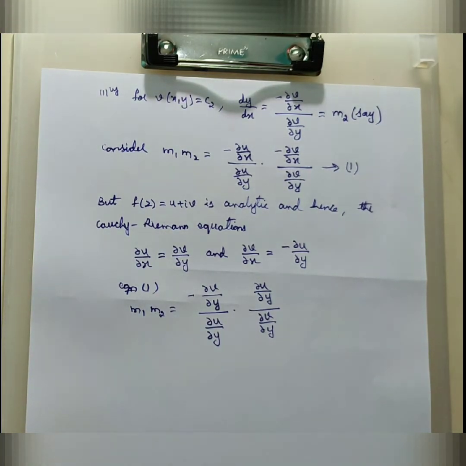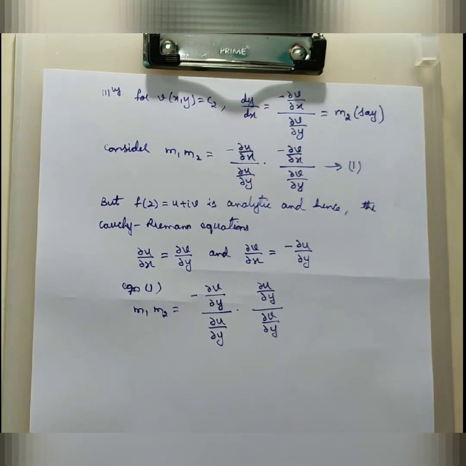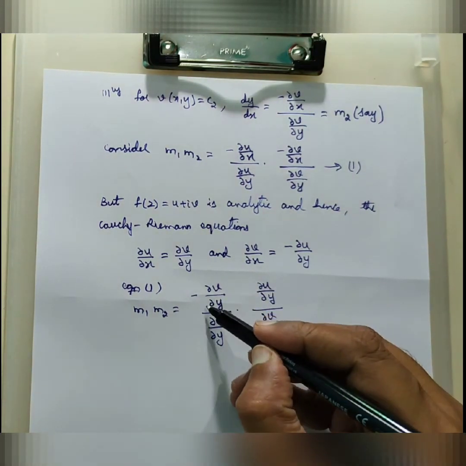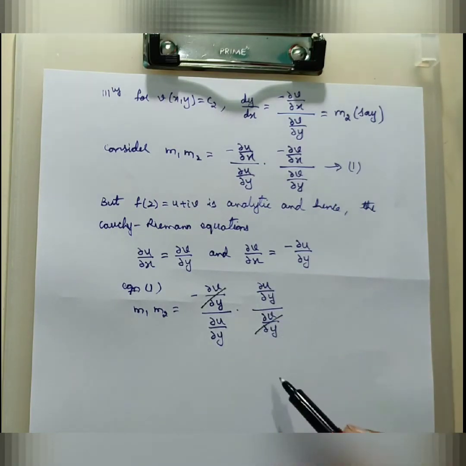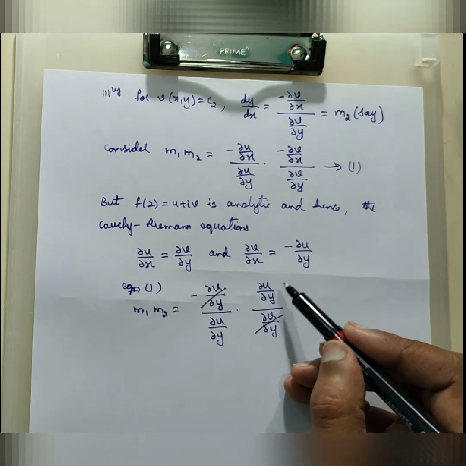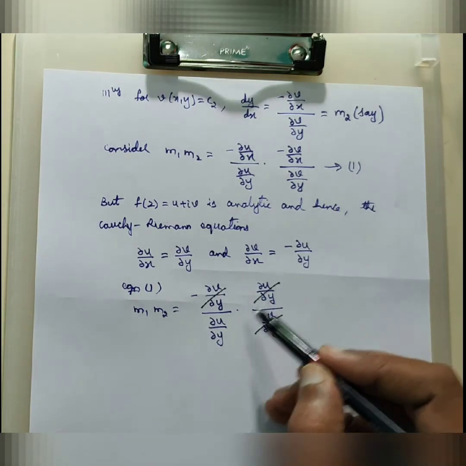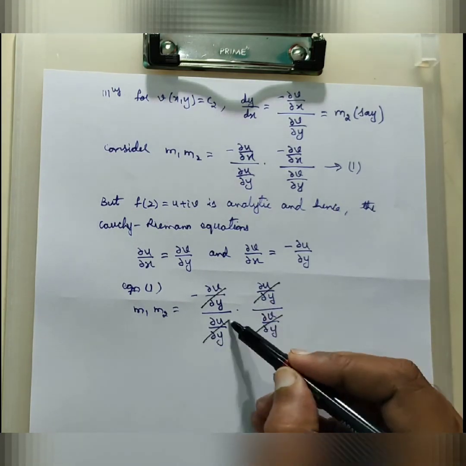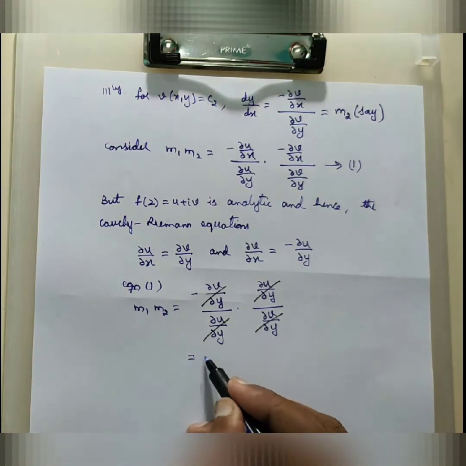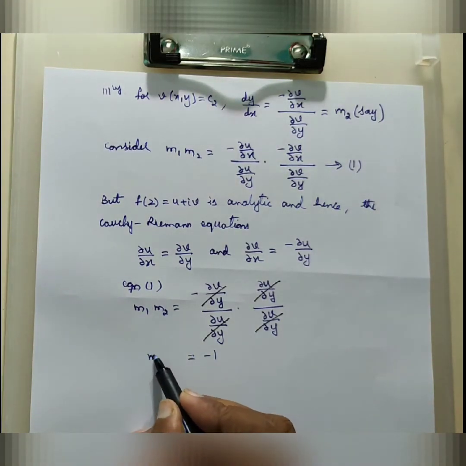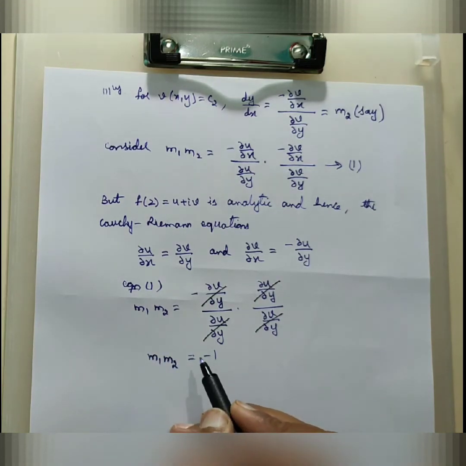This dou v by dou y will cancel with this dou v by dou y, and this dou u by dou y will cancel with this dou u by dou y. So what is left? Only minus 1. Therefore we have got m1 m2 equals minus 1.